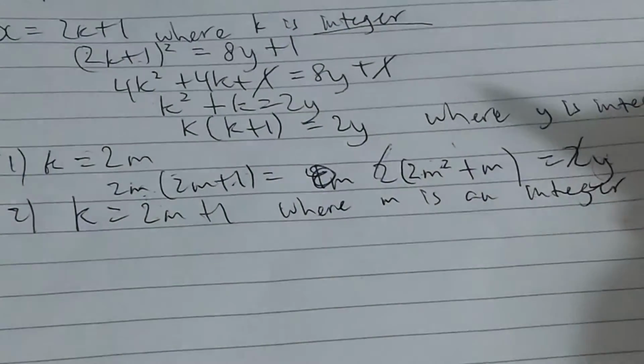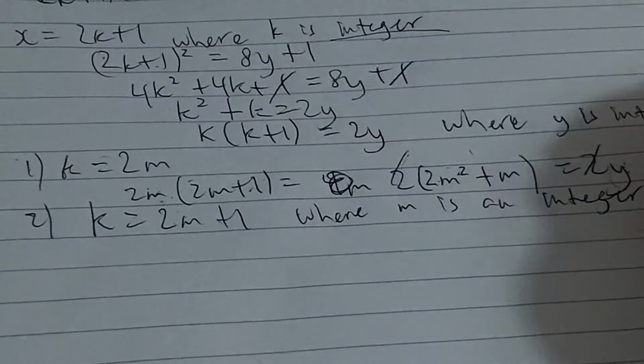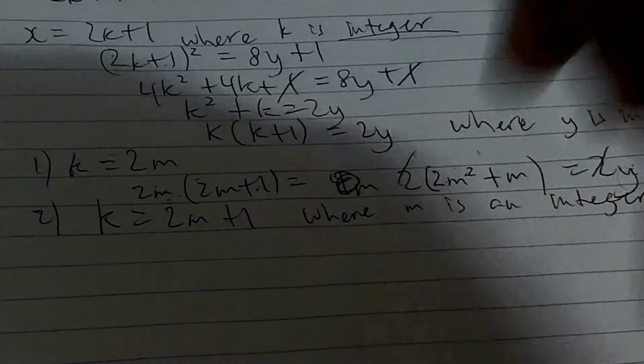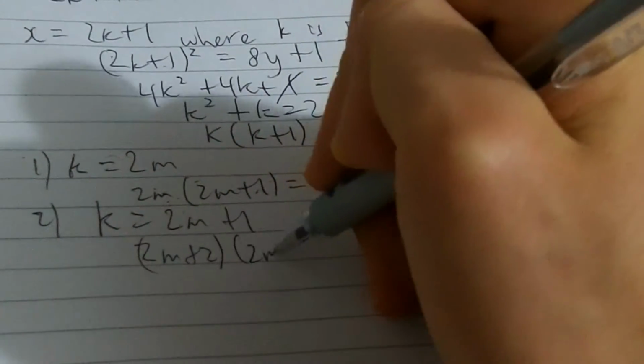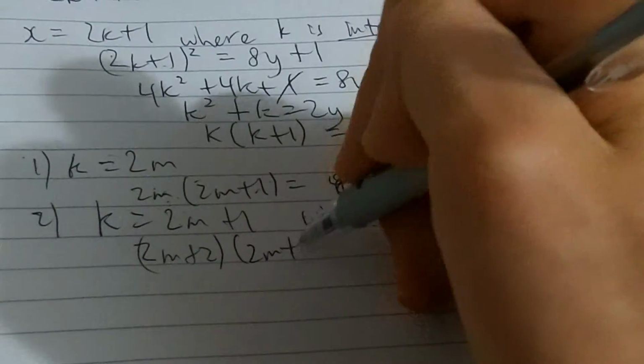I just proved that. So now let's prove it when k is equal to 2m plus 1, where m is an integer. We just substitute it again. So 2m plus 2 multiplied by 2m plus 1.